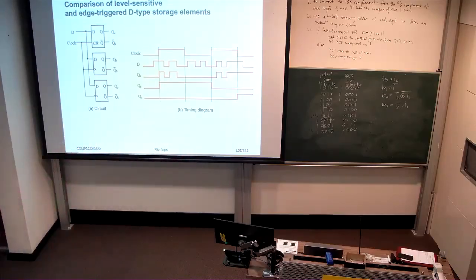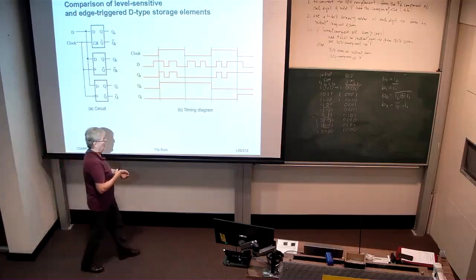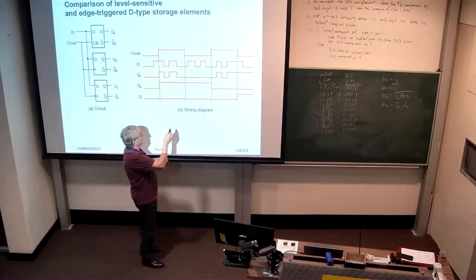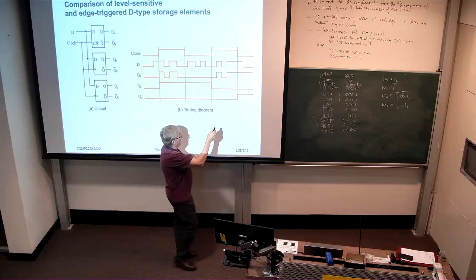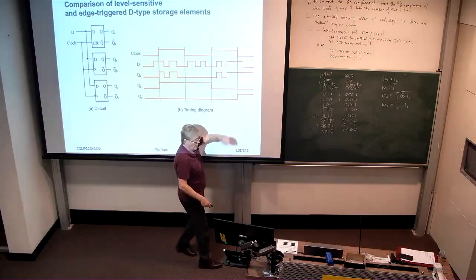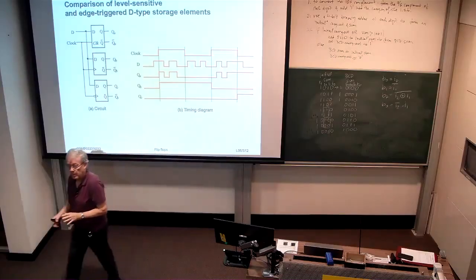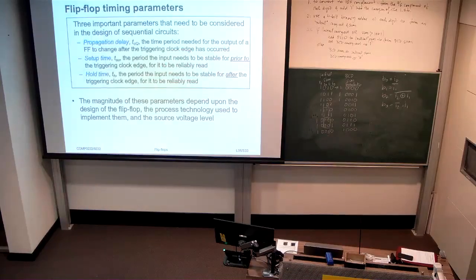And as for the negative edge-triggered flip-flop, it's only concerned with the negative going edges of the clock, which initially coincides with D being low, therefore there's no change in QC, whereas at this point in time over here, D is high, so QC goes high. All good? Good-o. Right, so let's talk about timing parameters.